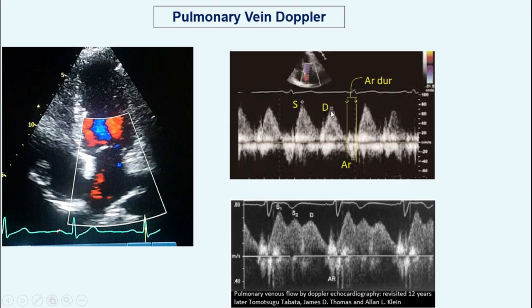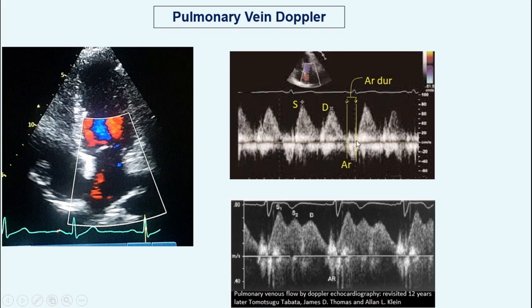And if you notice here, S represents right after the QRS complex, and D at the diastole time after the T wave and before the A wave. And the third wave is AR.